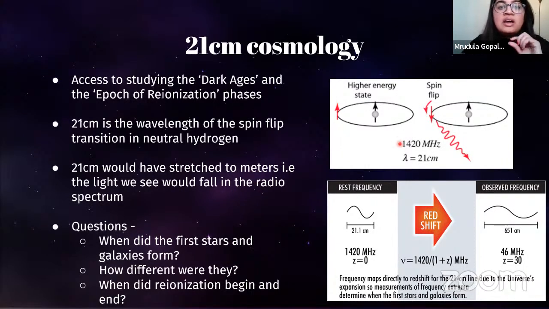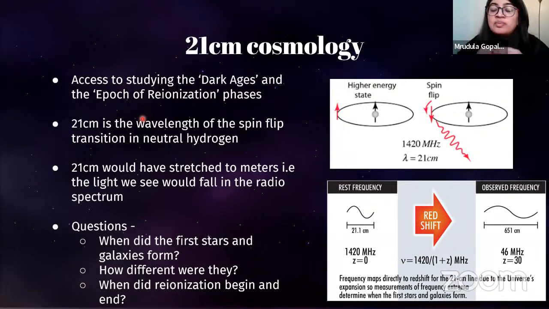So basically, neutral hydrogen does emit something called a 21 centimeter spin flip transition. 21 centimeter refers to the wavelength of the emitted light.